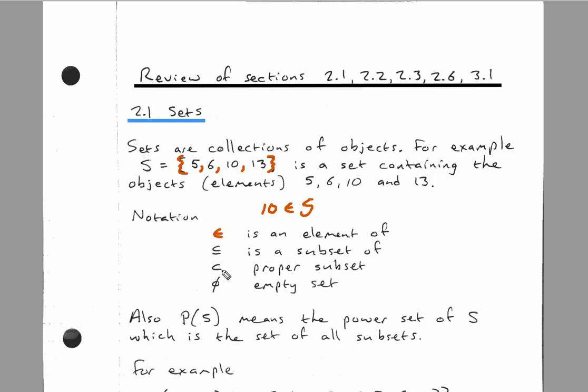This one doesn't allow equality, so this means a proper subset. And here we have the empty set. The symbol means the set with no elements.